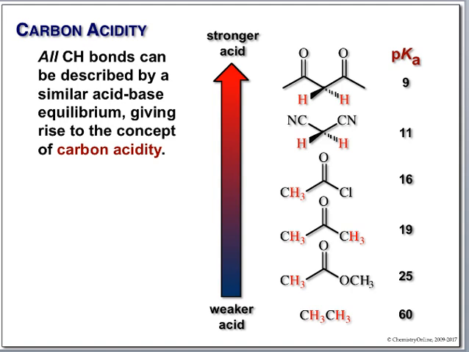Chlorine is more electron withdrawing, therefore this drops to about 16 or so. Nitriles are very nicely electron withdrawing. And this guy up here wins. This is pentane, 1, 2, 3, 4, 5, 2,4-pentanedione. For a carbon compound, it has a remarkably low pKa of about 9.